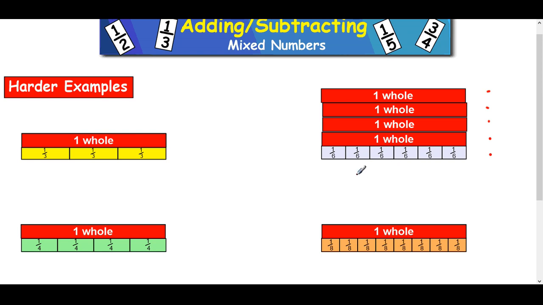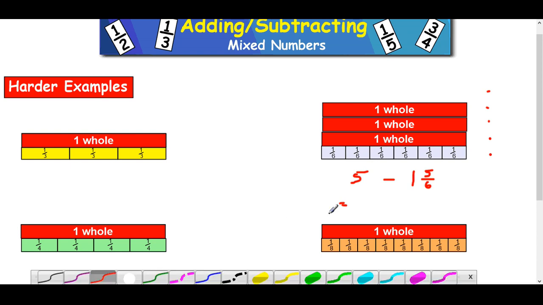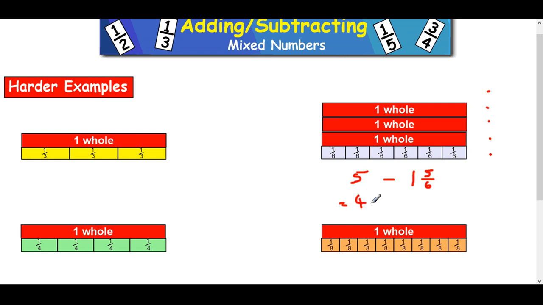And imagine I'm doing 5 take away 1 5/6. Okay, well, let's take away the 1. So I'll get rid of the 1. So you're kind of down to 4 at that point, if you like. You can do 5 take away 1 is 4, but you've still got to take away the 5/6. So I need to take away 5/6.